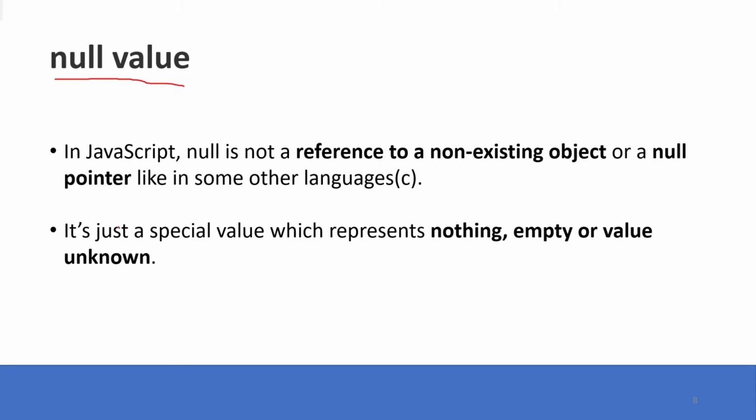That means when you assign a variable null, that variable has no data, it's empty, or its value is unknown. So you can assign null to a variable. We will see all this in the coding exercises.